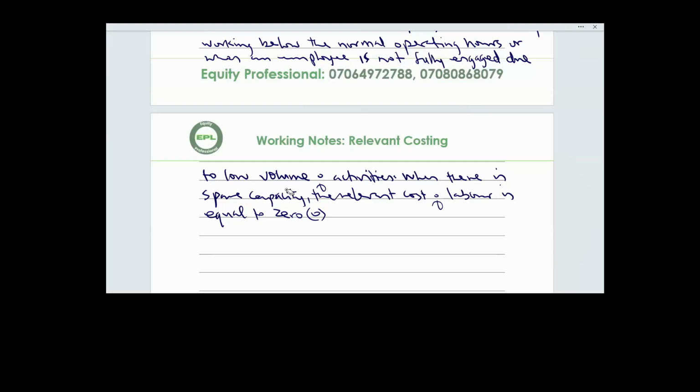For example, in a question, the examiner can tell you that this project will require 10 hours of the engineers. Currently, the engineers are idle for 6 hours.